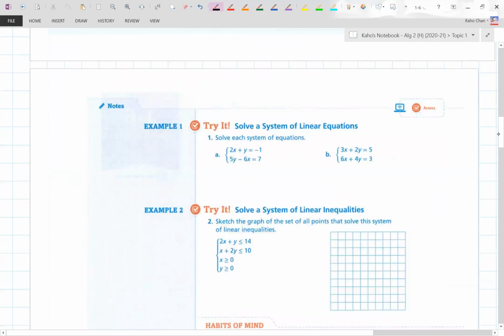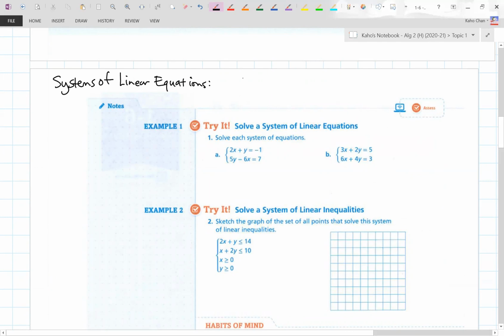All right, so from Algebra 1, when we solve systems of linear equations, write this down at the top. We used three different techniques.